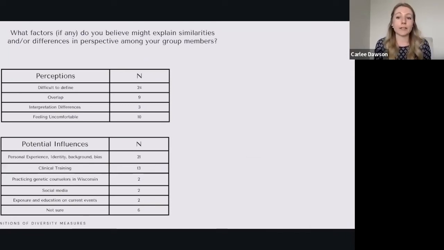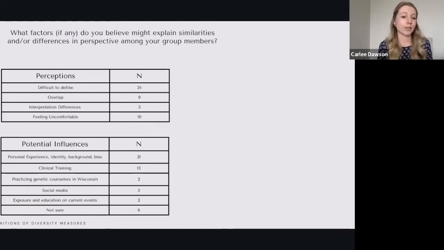Participants also reflected on the purpose of race, ethnicity, and ancestry terms and how they may be used in clinic, as well as some of the similarities or differences among the conversations in their groups. Perceptions included that the task of looking at these terms was difficult. There was a lot of overlap and interpretation differences in meaning, either between group members or between a patient and a provider, and even feeling uncomfortable.